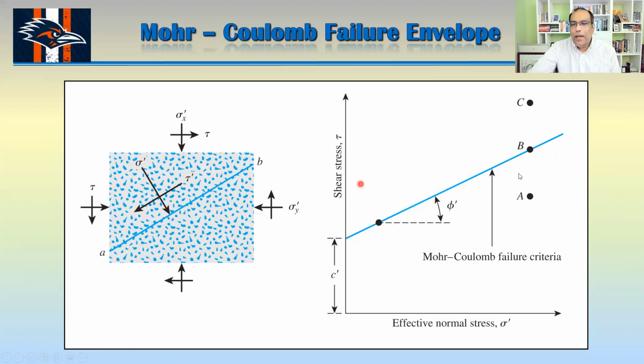Okay, again, this is another point C here, which is actually above the failure plane, which means you cannot go there before failure. So this is kind of a fictitious point here, that you cannot go to, because the failure will occur before you reach that particular stress. Okay.